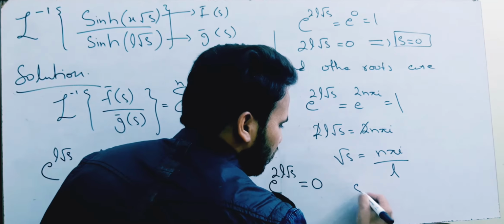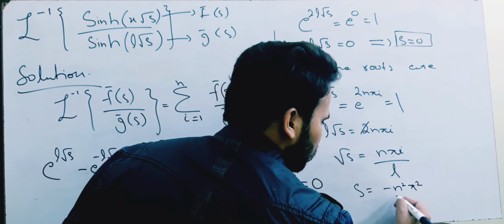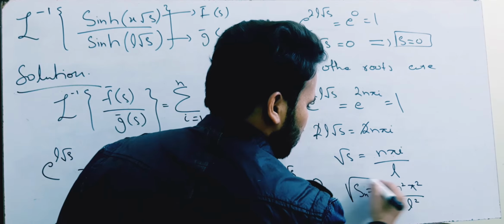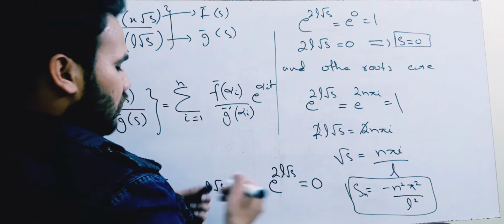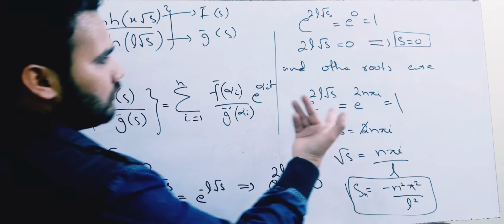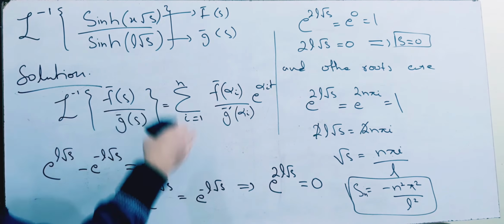Squaring both sides, we will have s equals minus n square pi square over l square. Let's say this is Sn, the series of roots. So we have two singular points. One is singular 0 and the other one is the series. Now try to compute this result.